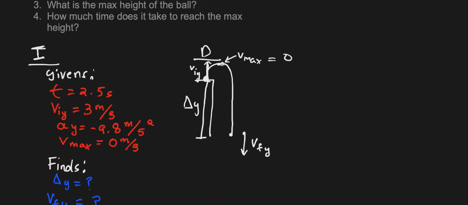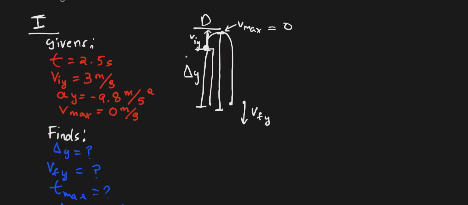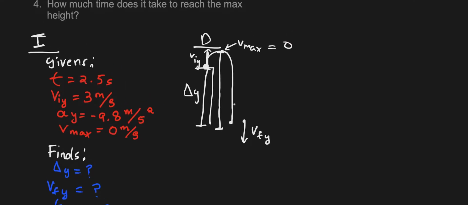And then we have the height of this, which is going to be delta y max. Let me write this neater. This is going to be delta y max.